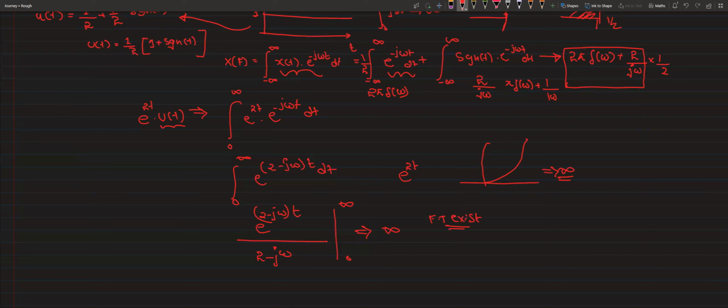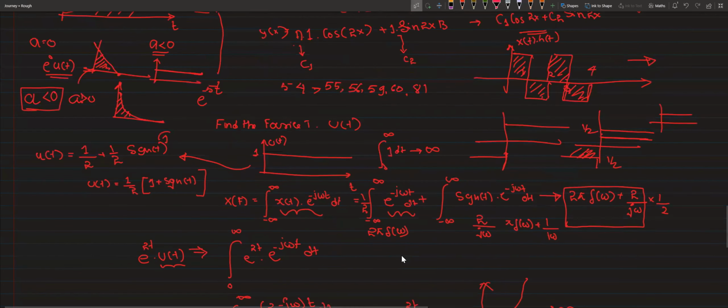Whenever it is a non-stable or unstable system, the Fourier transform doesn't exist. So as soon as you see that, you can say whether the Fourier transform exists or not. That is a shortcut.